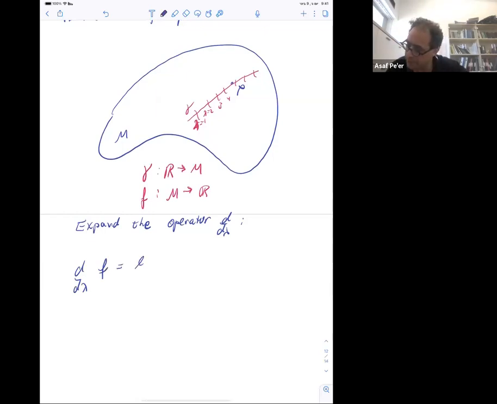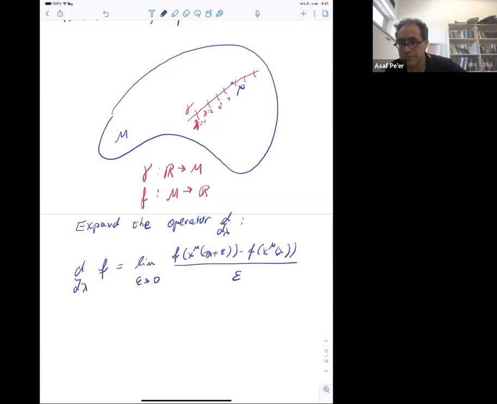It's just the limit where epsilon goes to 0 of f at the point x^μ(lambda plus epsilon) minus f at x^μ(lambda), divided by epsilon. But this is nothing more than dx^μ over d lambda times ∂_μ f. That's true for any function f.